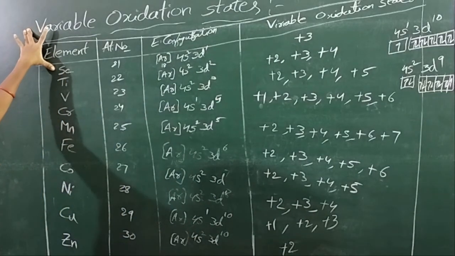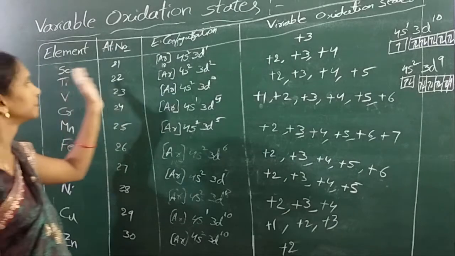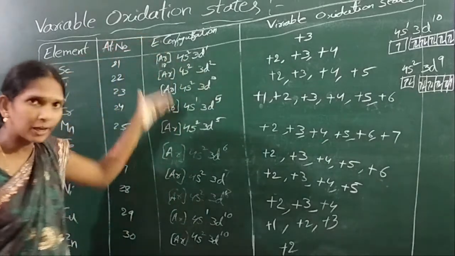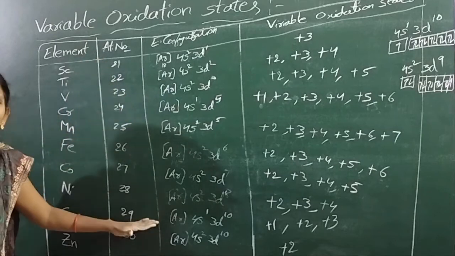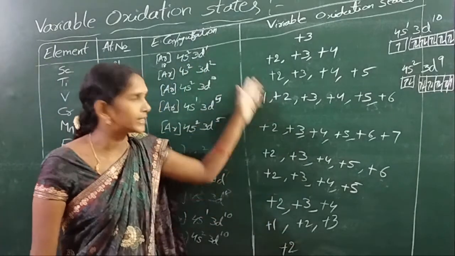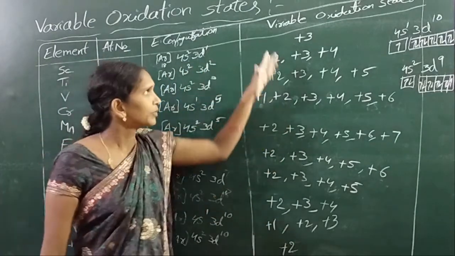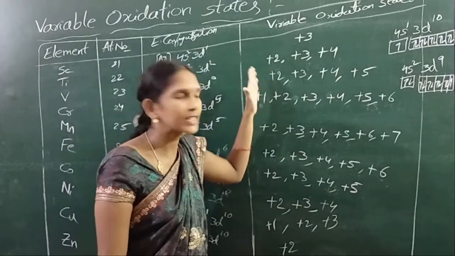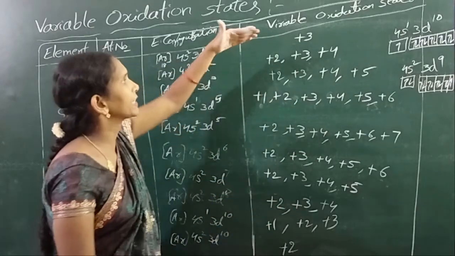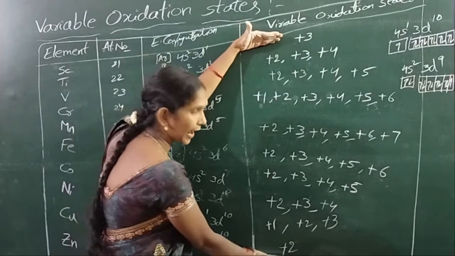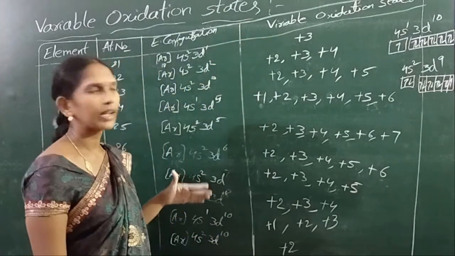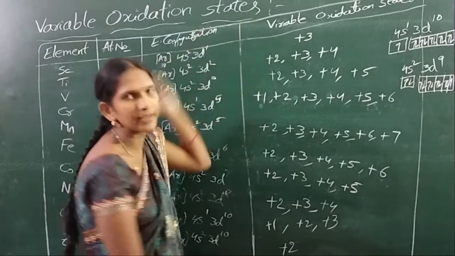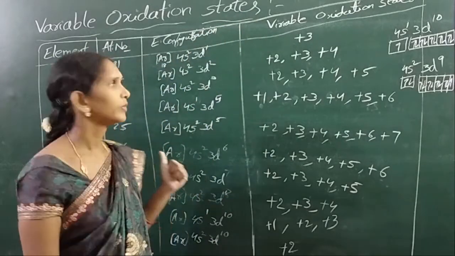Variable oxidation states means the D block elements can exist in variable oxidation states. Variable means different. The D block elements can exist in variable oxidation states except the first and last group elements in each series. Why?